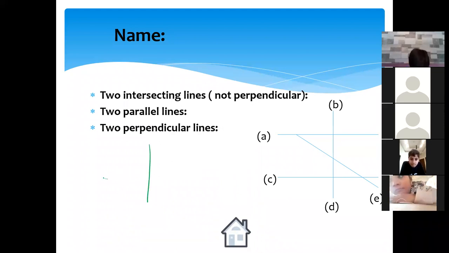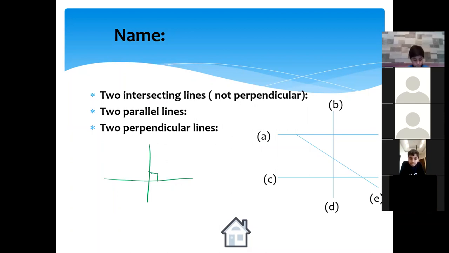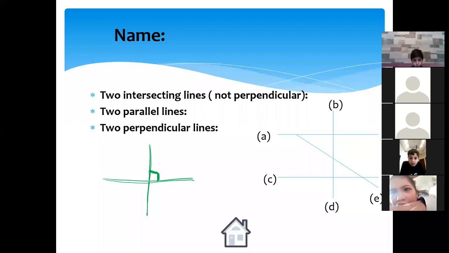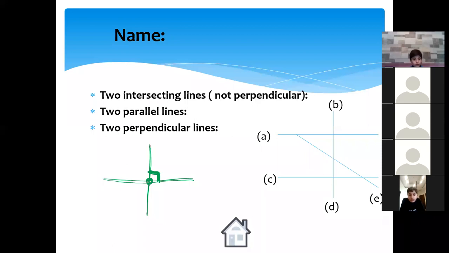She told me these two lines are perpendicular because they form a right angle. No, they are intersecting and perpendicular, because they meet in a point and they have a right angle.